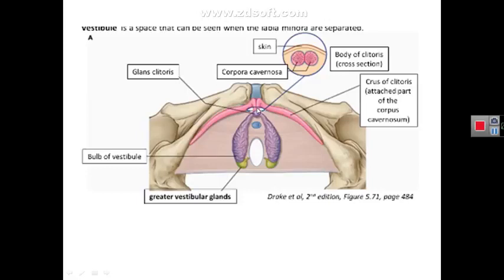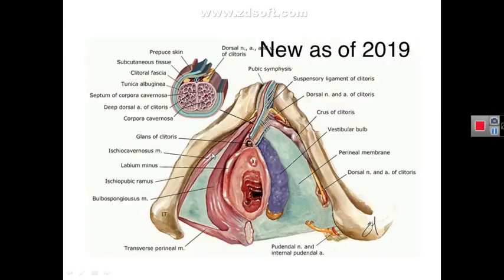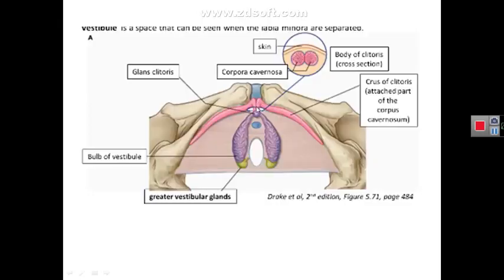And of course, similarly, the crura are covered by muscle, which is called ischiocavernosus. We said that the crura continue in the clitoris as corpus cavernosum, and the clitoris is formed of corpus cavernosum. There is no corpus spongiosum in the clitoris.